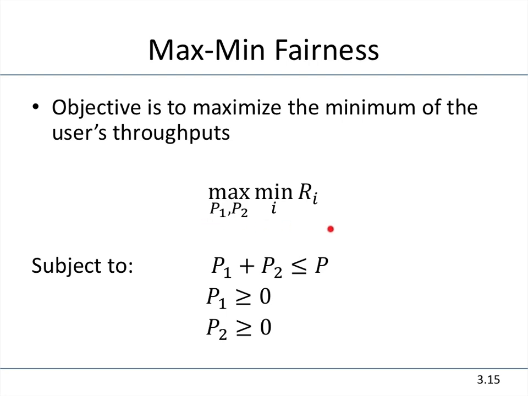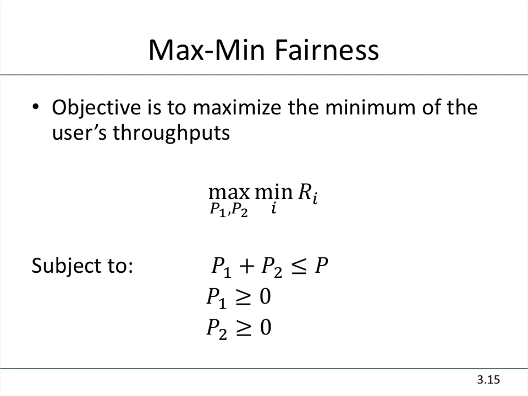So if we do the same problem by maximizing the minimum rate, here we're maximizing for any i, right? So here, what we're trying to achieve is that we take the maximum R and the minimum R, and we're trying to shorten the gap between them. Ideally, we need to make them very, very close to each other.